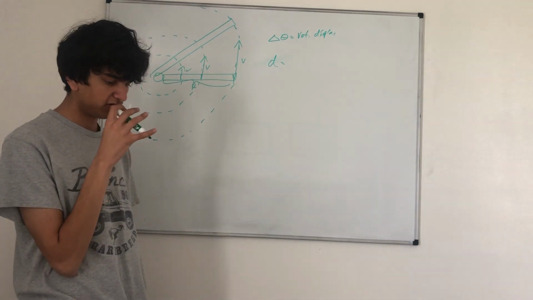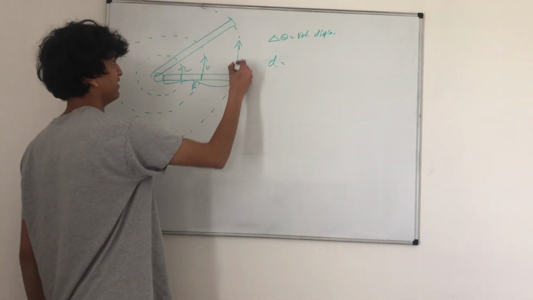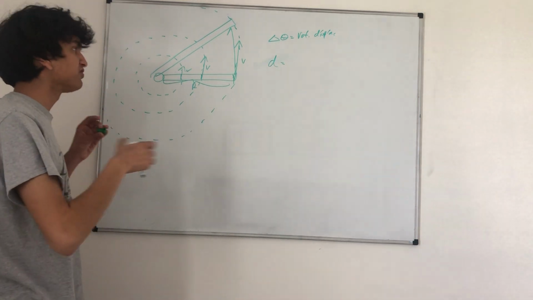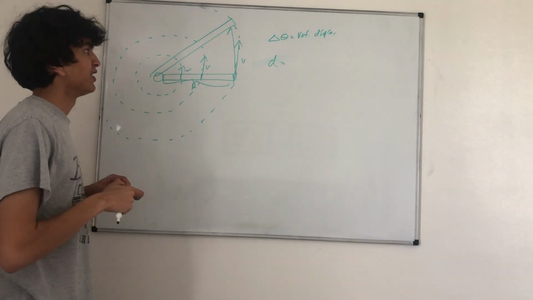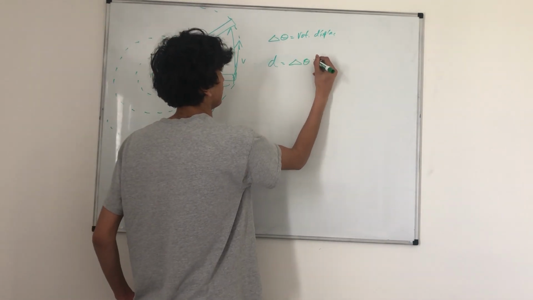No, wait. Is it displacement or distance? I have to think about it. Because your displacement is going to be like this, but then your distance is like how much you travel. So I'll say displacement, because in most cases you're not really dealing with arcs anyways. Displacement is going to equal your change in theta times r.